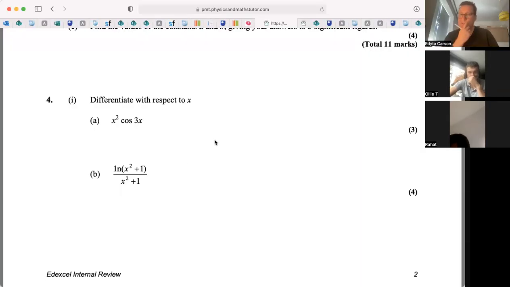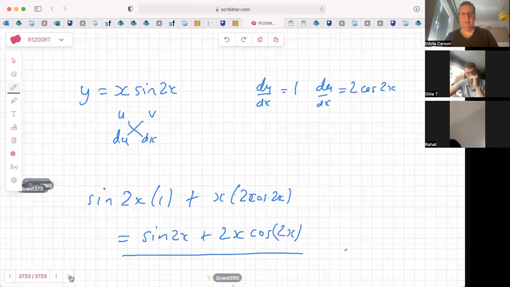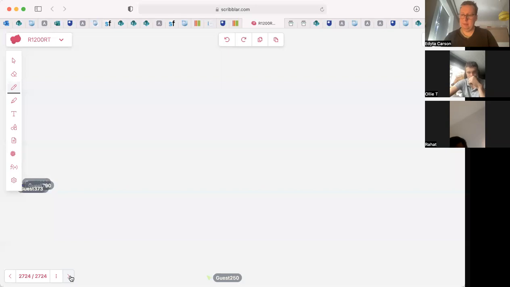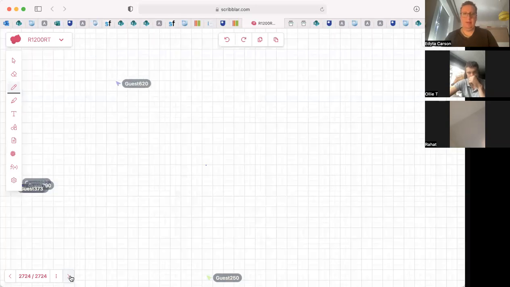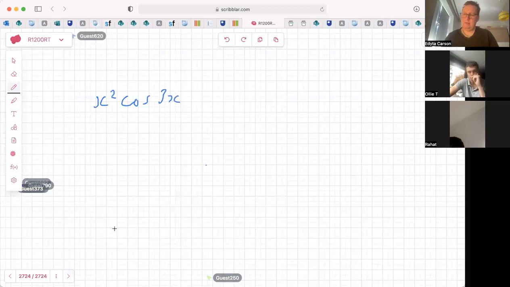So x squared cos 3x it is, isn't it? Yes, x squared cos 3x. Okay, x squared cos x is a function as part of it.